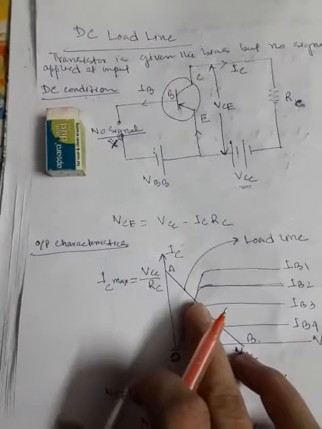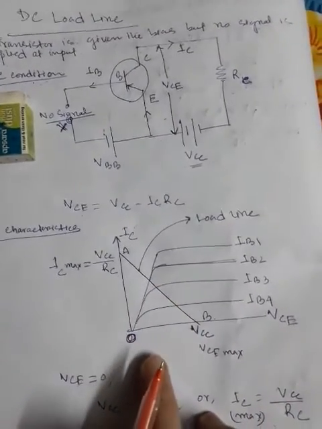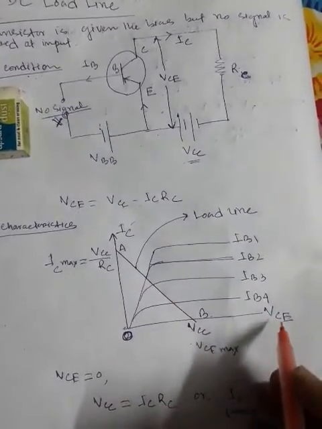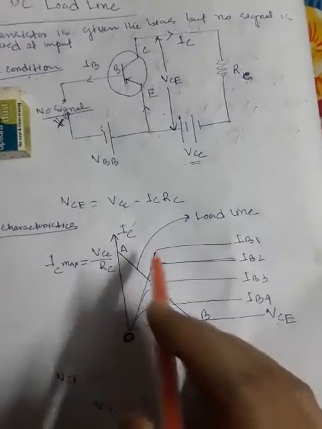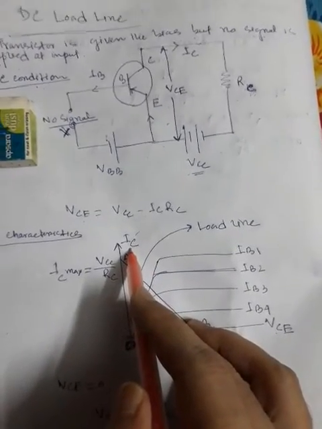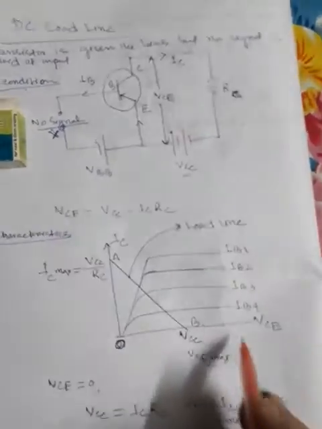Now coming to the output characteristics, we can see that we have plotted the VCE versus the IC. This is the collector current, that is the output current, and the VCE, collector emitter voltage.